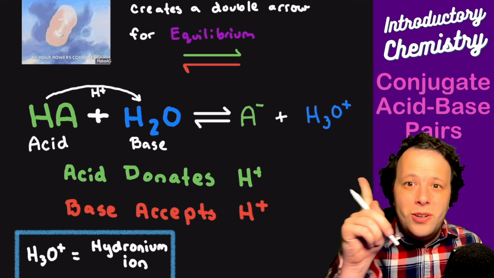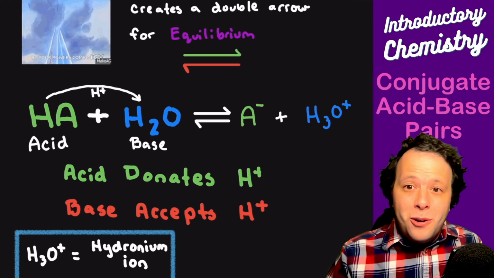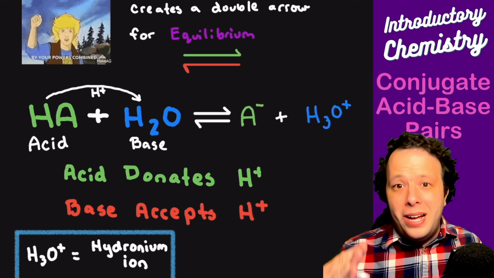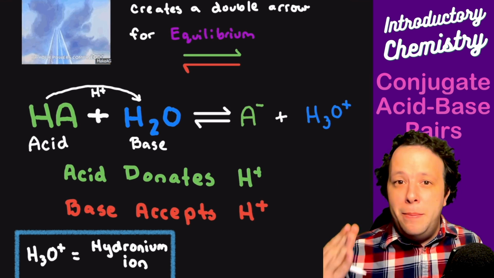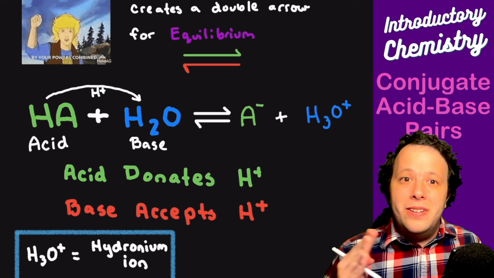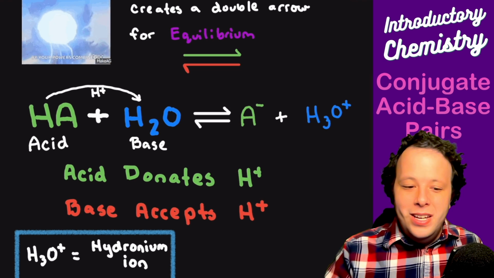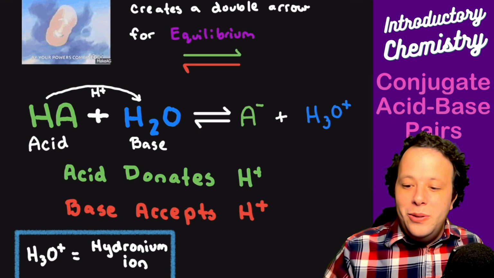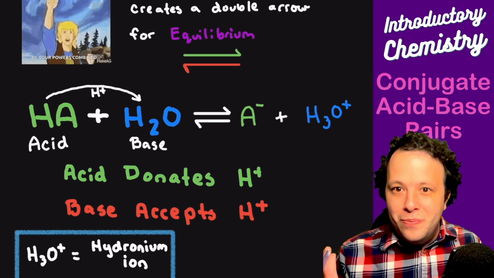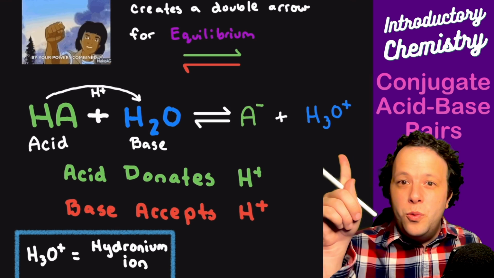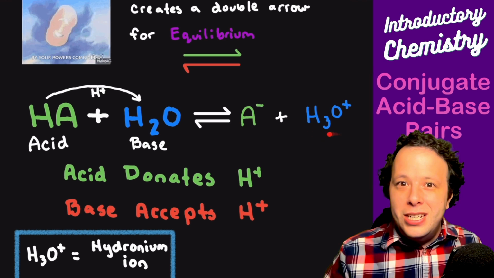Now, what this whole thing about conjugate acids and bases is about is that the backwards reaction also has acids and bases in it as well. There's a pair of them, meaning that you have an acid-base pair on the left-hand side of the reaction and you also have an acid-base pair on the product side too. So if we were to look at this, what can donate a proton between A minus and H3O plus?